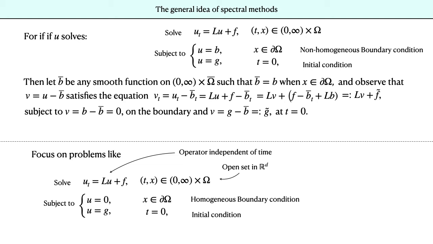So V vanishes on the boundary, and its initial condition is a new initial condition where B bar has been subtracted from the original initial condition. So the point is that V solves a problem like the one below. So we're not going to be interested in non-homogeneous boundary conditions, because they can be transformed into problems like the one below.